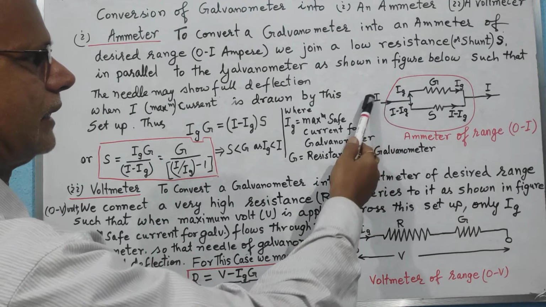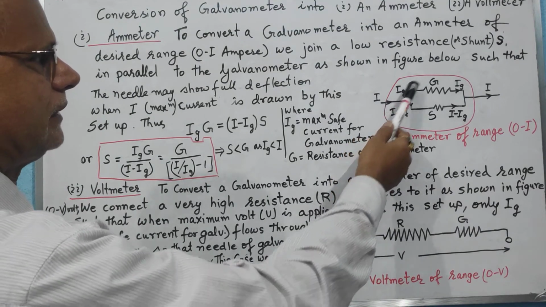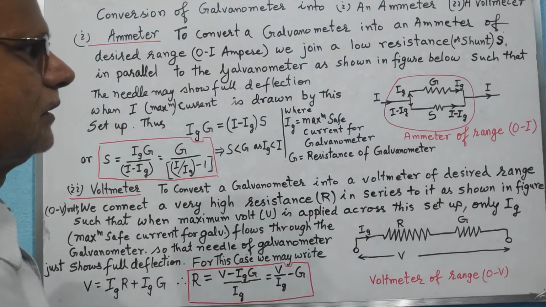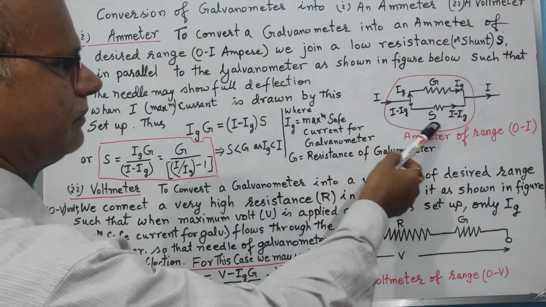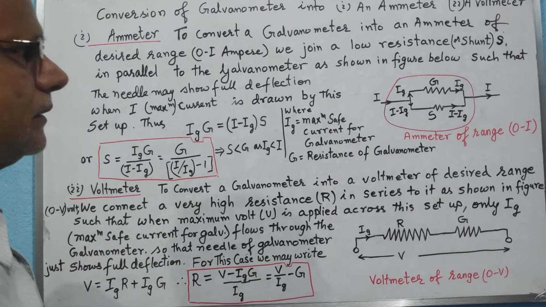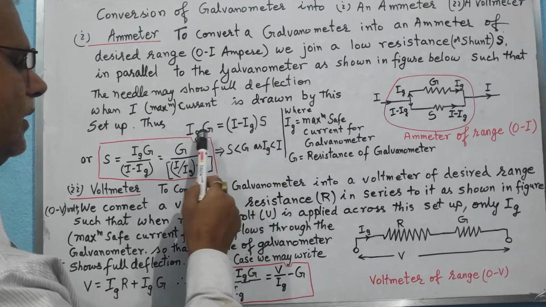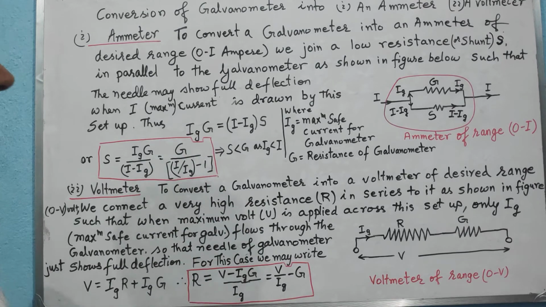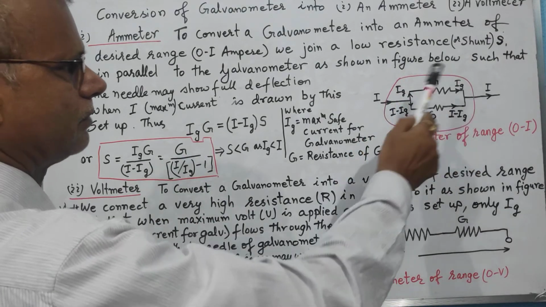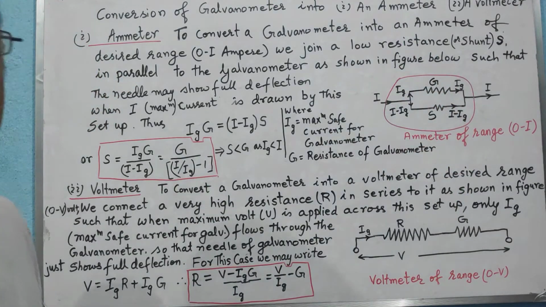Since I is the total current drawn and Ig flows through the galvanometer, the remaining current I minus Ig flows through the shunt, and therefore (I minus Ig) into S is equal to Ig into G, because the potential drop across the galvanometer must equal the potential drop across the shunt.